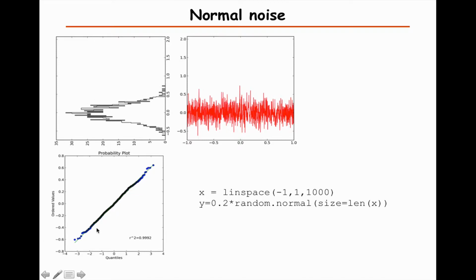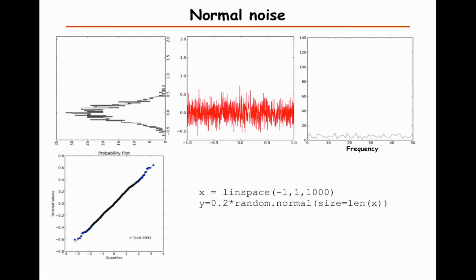If we plot it on a normal probability plot, it will follow the straight line, so we can really know that this is nicely Gaussian. So this is just a check. And if we then take the Fourier transform here, what we see is that pretty much all the different frequencies are present. That's why it's also called white noise, because we have contributions of all different frequencies.